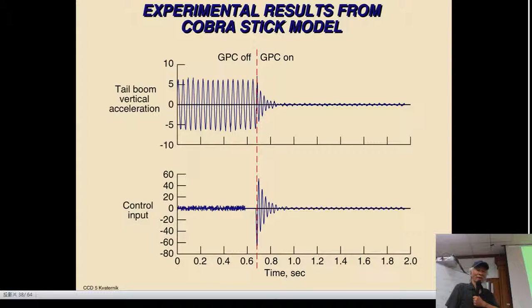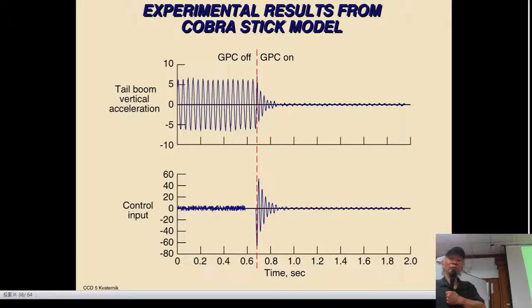All right. Then I allow a little time to do system ID, to compute alpha, beta, to compute TAC, to compute alpha C, beta C, and then I can compute my control force and turn it on at 0.7 second.